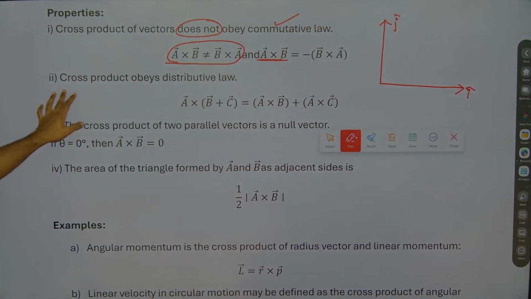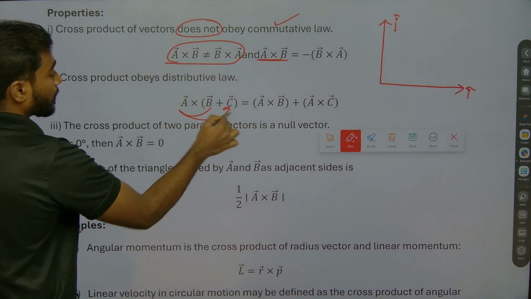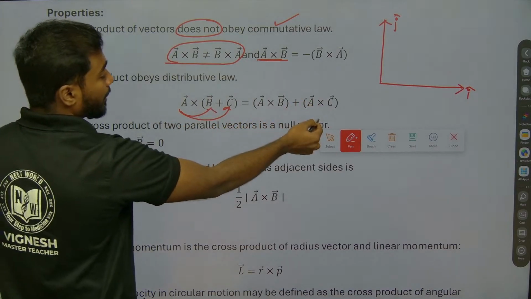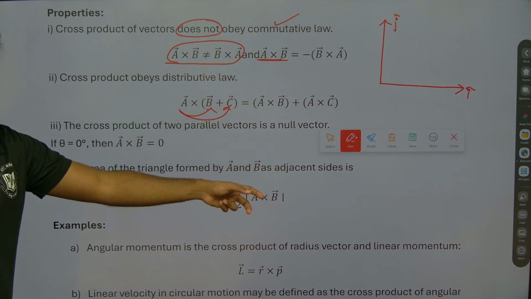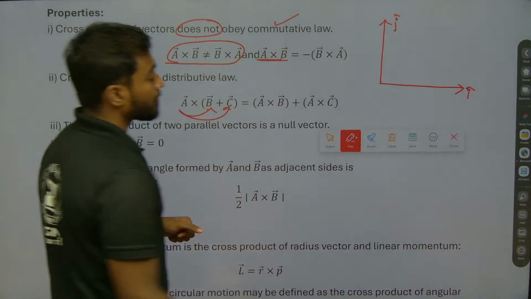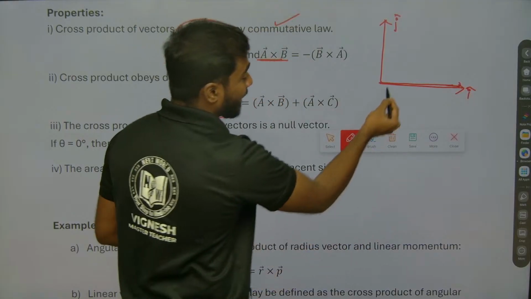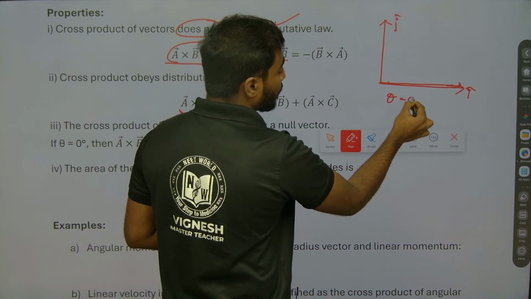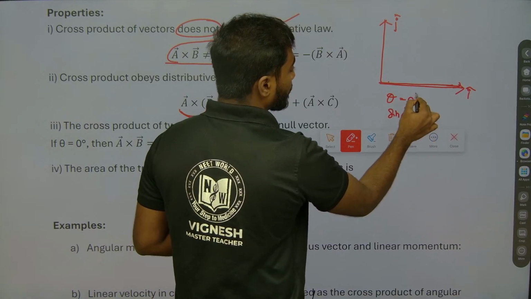And the cross product obeys the distributive law: A cross (B plus C) is A cross B plus A cross C. Next one, the cross product of two parallel vectors is a null vector. Two parallel vectors, in the sense, this is my i vector, again I am taking the i vector, so the angle between them will be 0, so sin 0 will be 0, right?